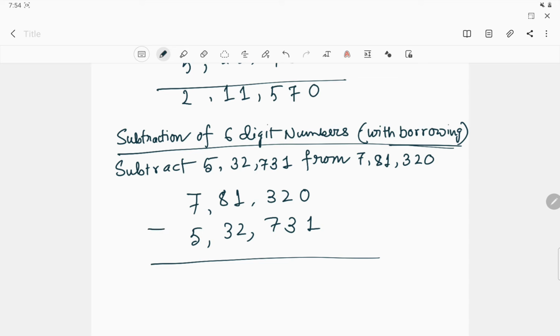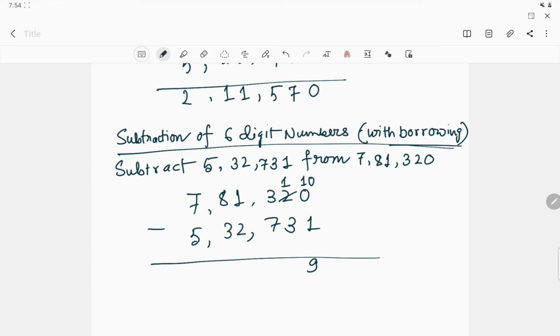Now subtract it. So 0 is less than 1, so you have to borrow 10. 10 means it will be 10 and it will be 1. So 10 minus 1 it will be 9. Here is 1 and 3.